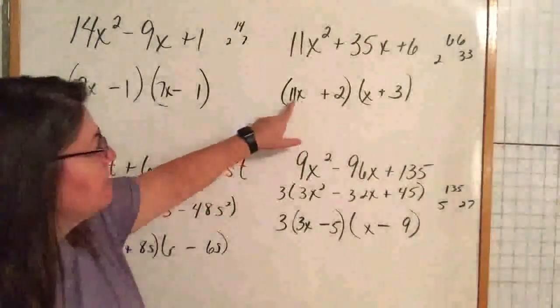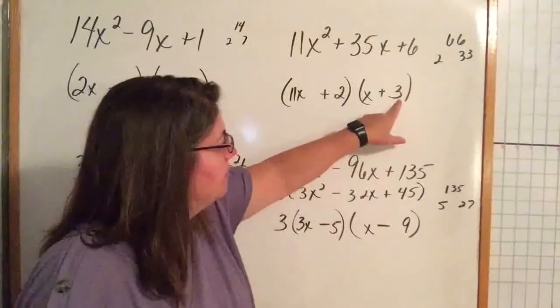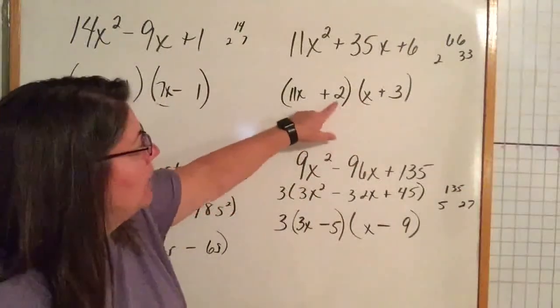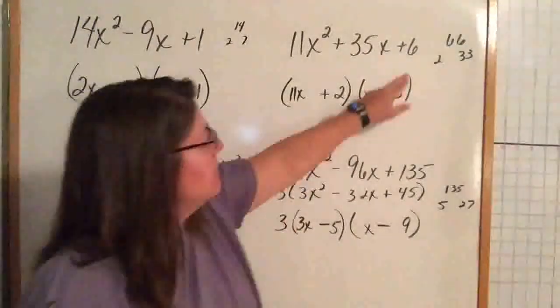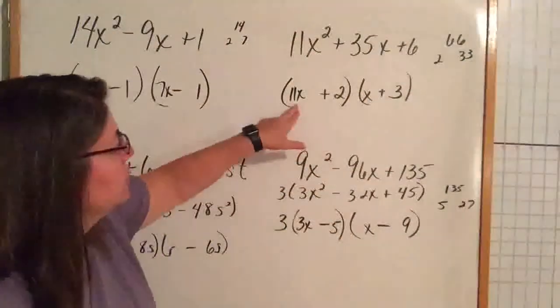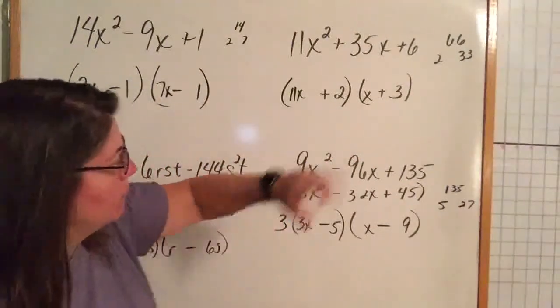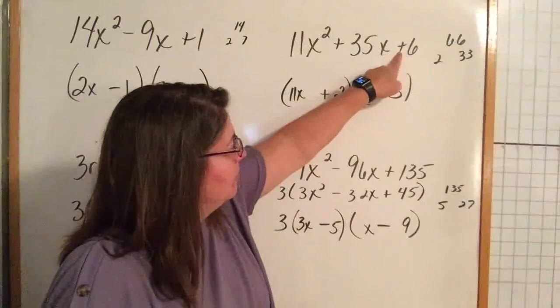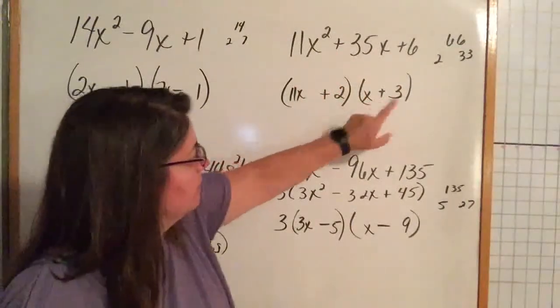And then I need to ask myself, 11 times what gives me 33? Well, that would be 3. And 1 times what gives me the 2? Well, that would be a 2. So 2 times 3 is 6, our last term. And the middle terms are 33 and 2. They do add to give me 35. For my signs, they're both the same because of that plus, and they're both pluses because that is a plus.